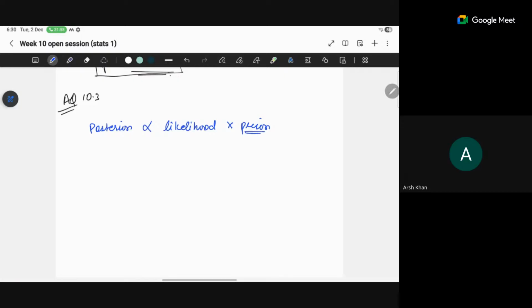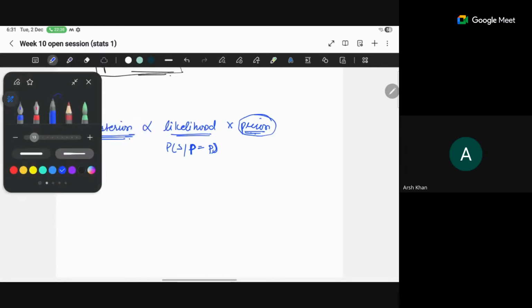Likelihood is the probability of the sample given the parameter. This is my unknown parameter P and this is the prior on P. The posterior is what we solve for on the basis of the prior. This is how we solve the Bayes estimation.